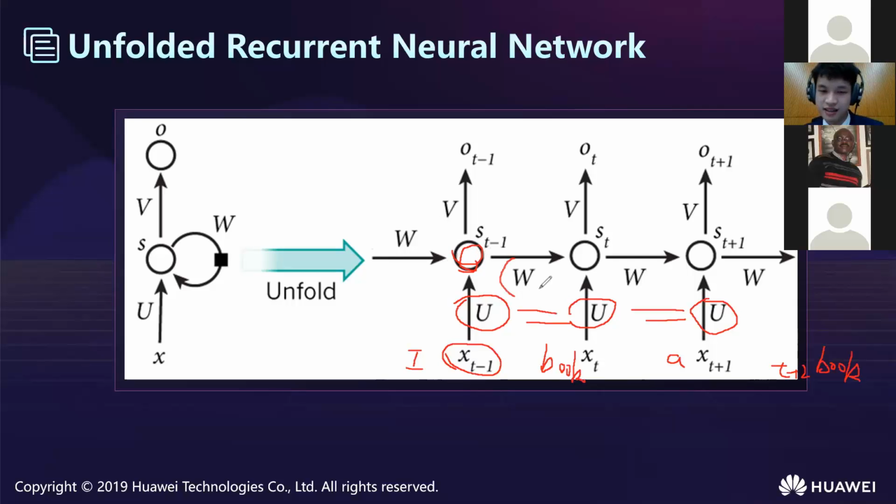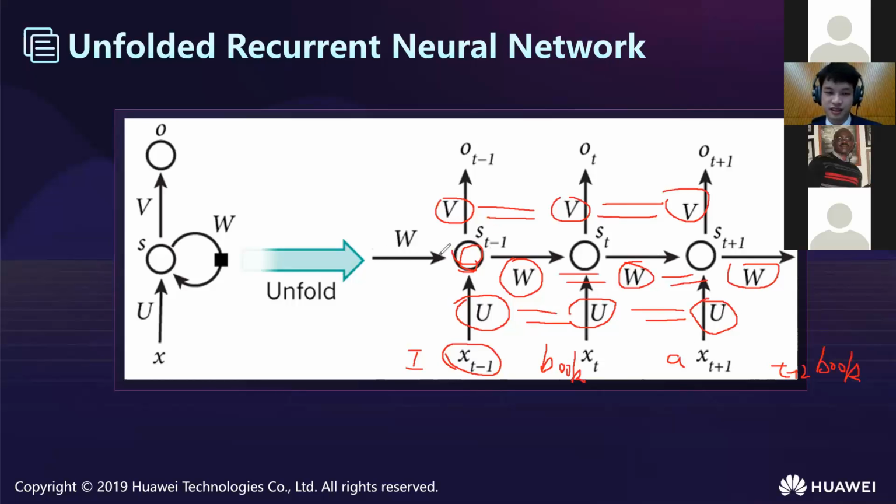Then the second parameter is called W, and of course they are the same. And the third one is called V, and of course all the V are the same in all the time states.